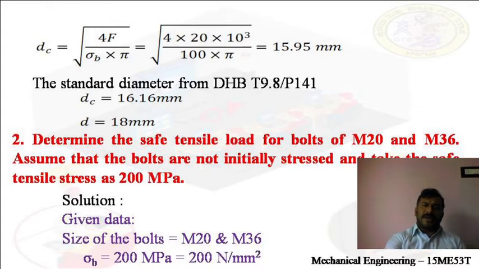Corresponding to this core diameter, we are going to select the major diameter. The closest to 15.95 mm in the design data handbook is 16.16 mm, that is core diameter, and corresponding to this core diameter the major diameter is 18 mm.